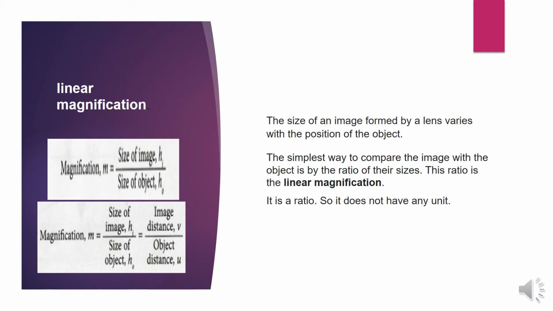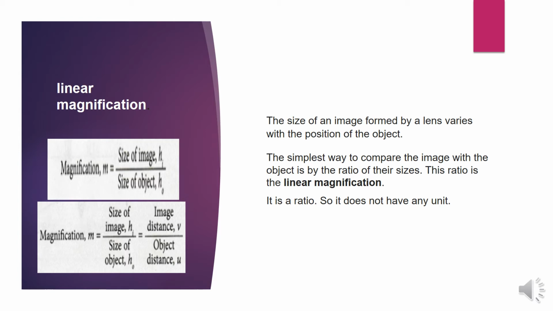The linear magnification formula: m, we can say size of the image, which we symbolize by hi, by size of the object h0, or you can say m is equal to hi/h0 is equal to v/u. What is v? V is the image distance.